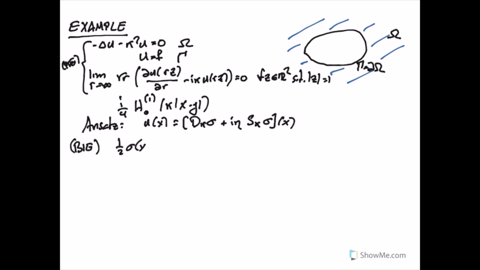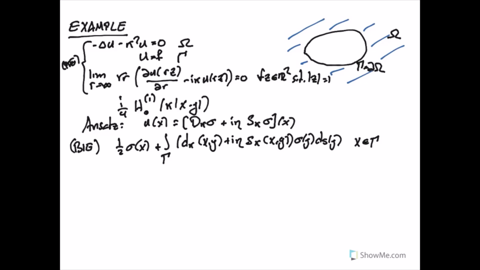is 1/2 sigma of x plus integral over gamma, dy, and this needs to hold for all x in gamma, like this. My intention here is to have the normal pointing outwards.